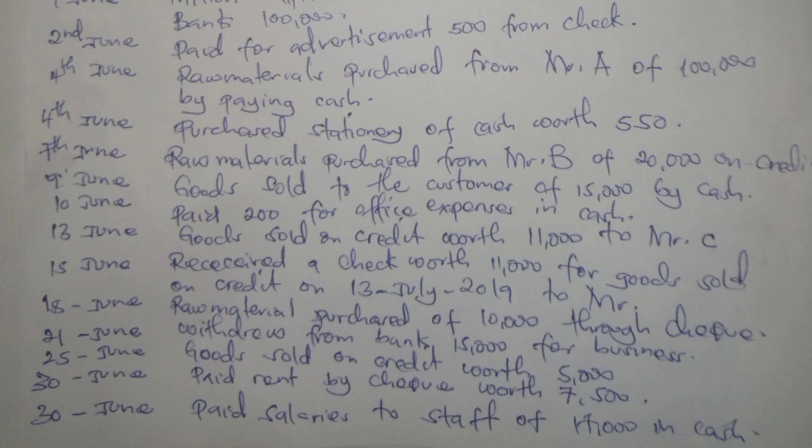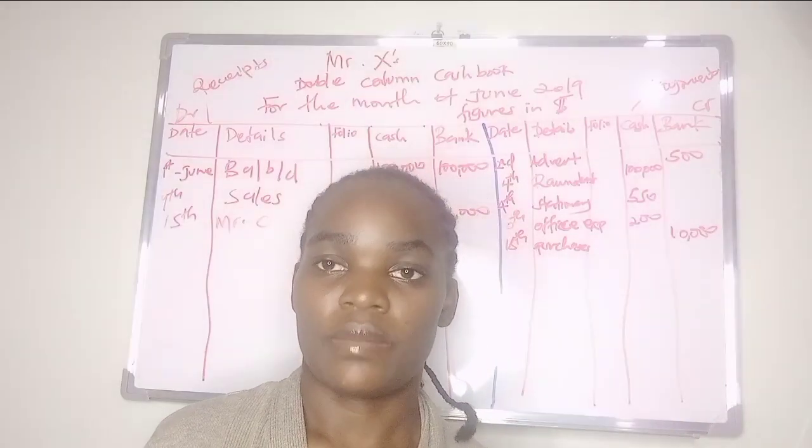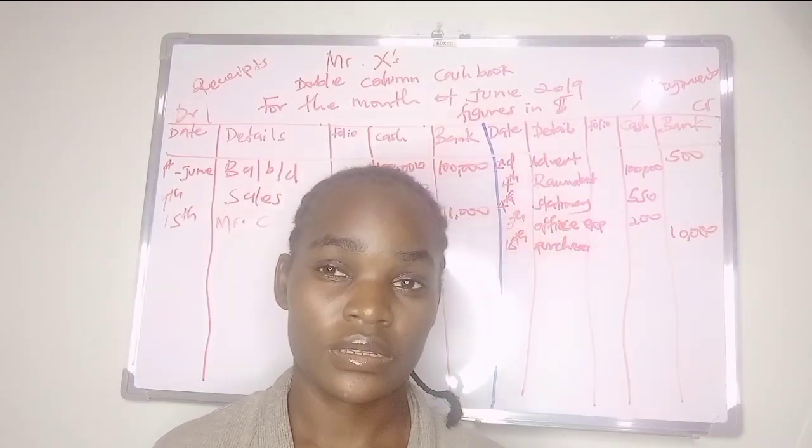We drew money from the bank, 15,000 for business. Yeah. So in this case, we are going to bring in something that we call a contra entry. Your contra entry comes in when you record something on both sides, on the debit and then you also credit it. So they got money from the bank for business.